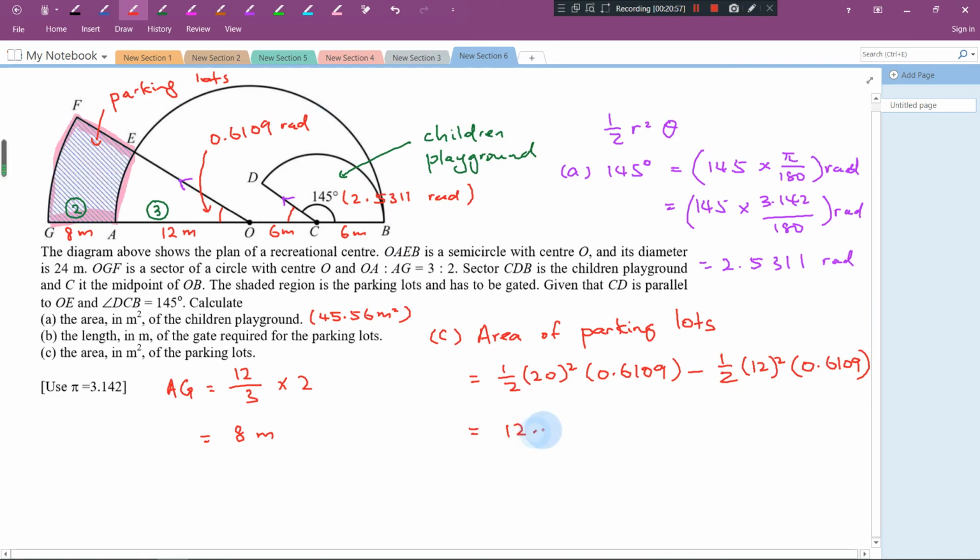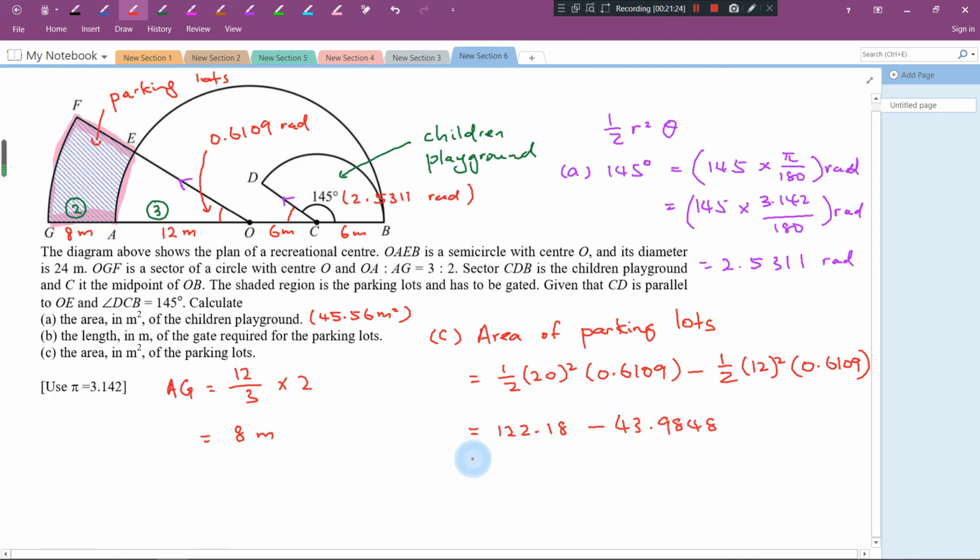This is 122, sorry, not 12, 122.18 minus this is 43.9848. Okay, if you want to, you can take all the decimal places.